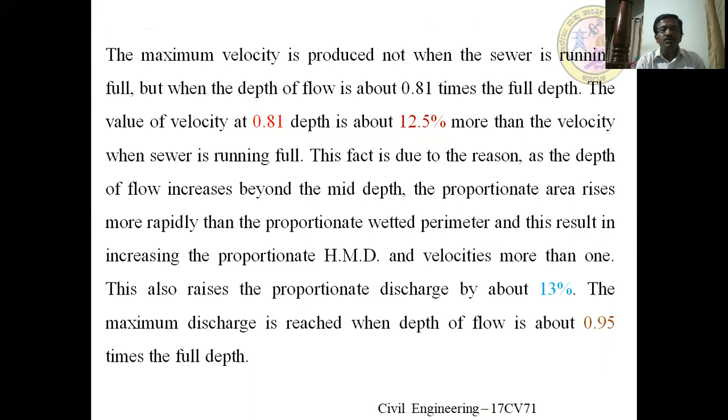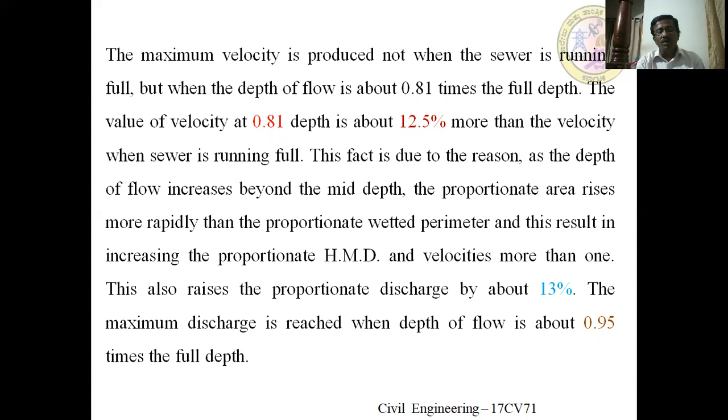The reason is that as the depth of flow increases beyond the mid depth, mid depth meaning running half full, the proportionate area rises more rapidly than the proportionate wetted perimeter. Hydraulic mean depth equals A by P, but A increases more rapidly than the wetted perimeter, thus increasing the proportionate hydraulic mean depth.